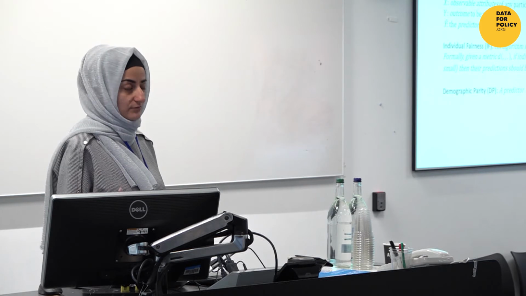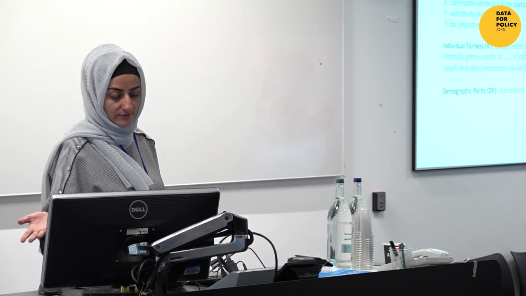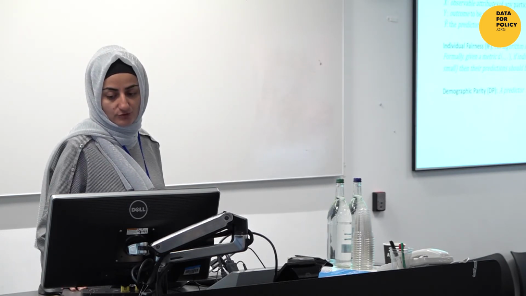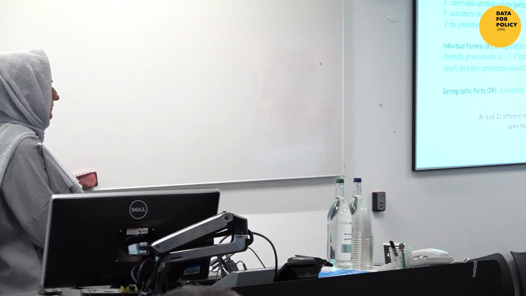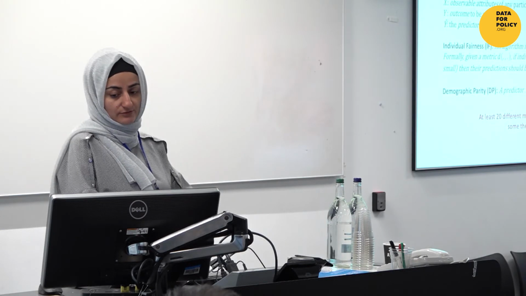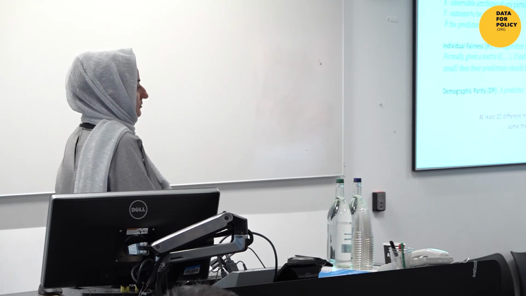So if the protected attribute A is 0 for female and 1 for male, we expect the distribution of the predictor to be the same for both values. The issue here is that it sounds like a nice attempt, but we already have at least 20 different definitions of what algorithmic fairness means, and some of them theoretically, mathematically contradict each other.